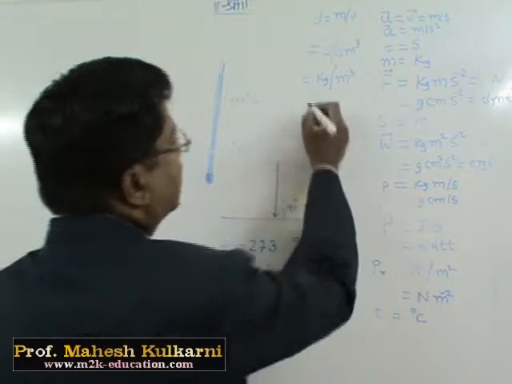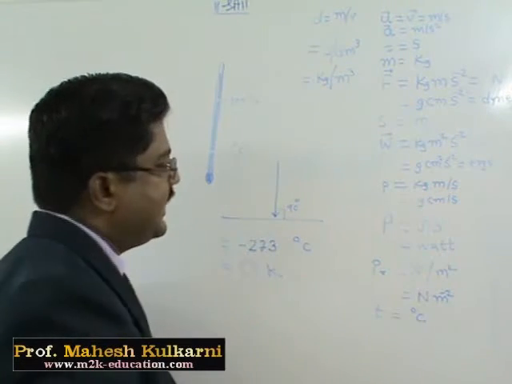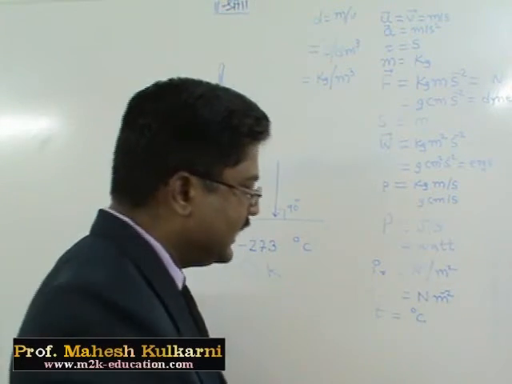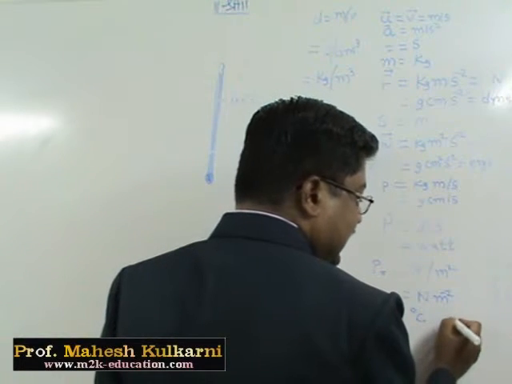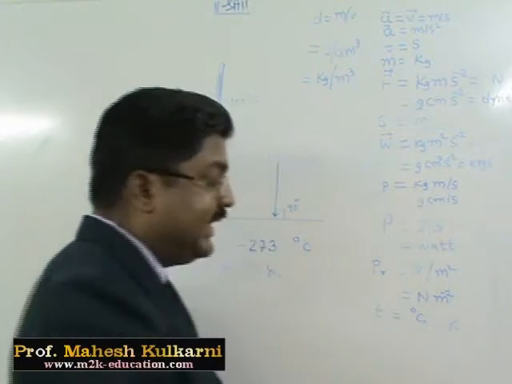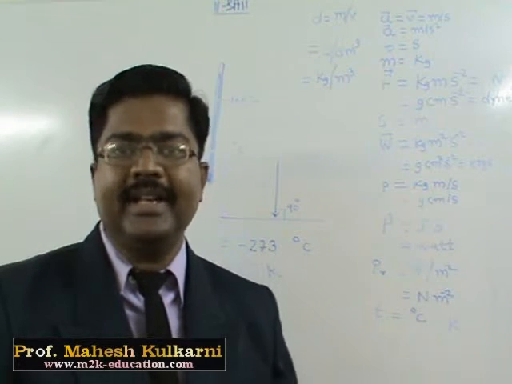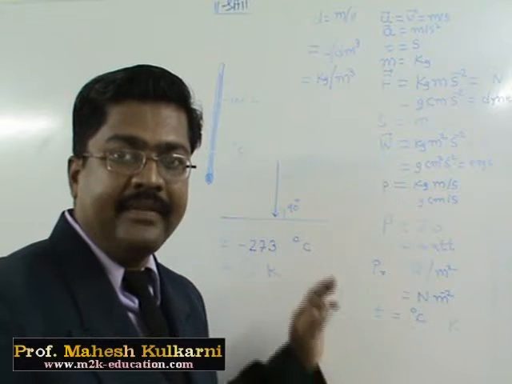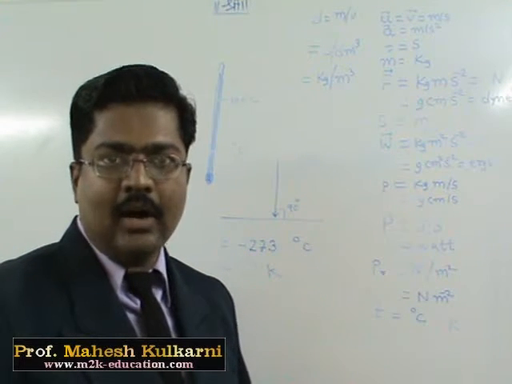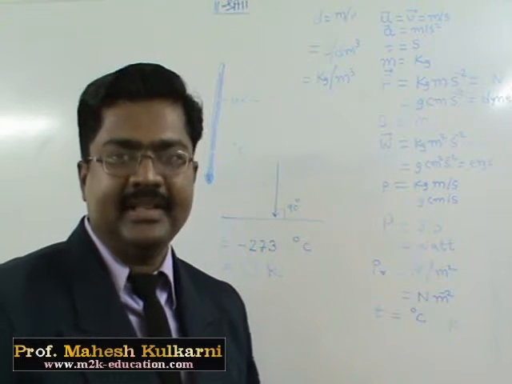So for temperature we write degree Celsius, but what is more correct is that we should write Kelvin. And don't say degree Kelvin, we have to say only Kelvin. So the minimum possible temperature in this universe is 0 Kelvin or minus 273 degrees Celsius.